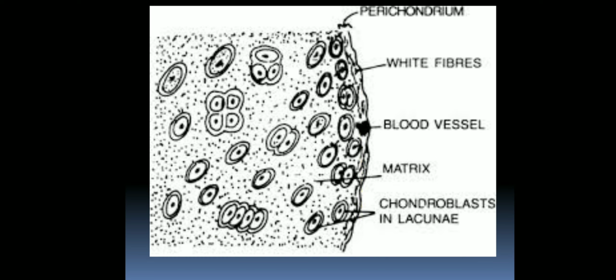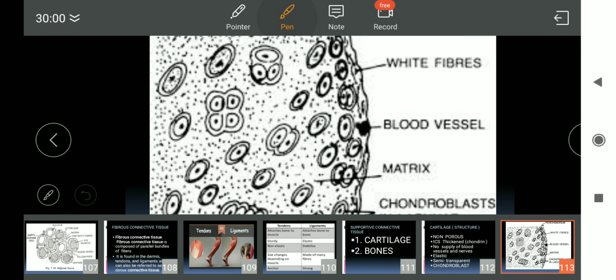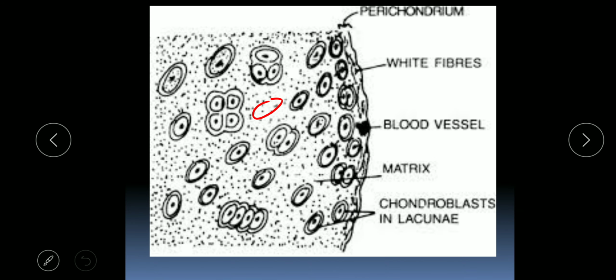These are chondroblasts in lacunae. Lacunae are actually the empty spaces found in the cartilage, and when they are filled with cartilage cells, it is chondrocyte in lacunae. The intercellular space is filled with a fluid known as matrix.